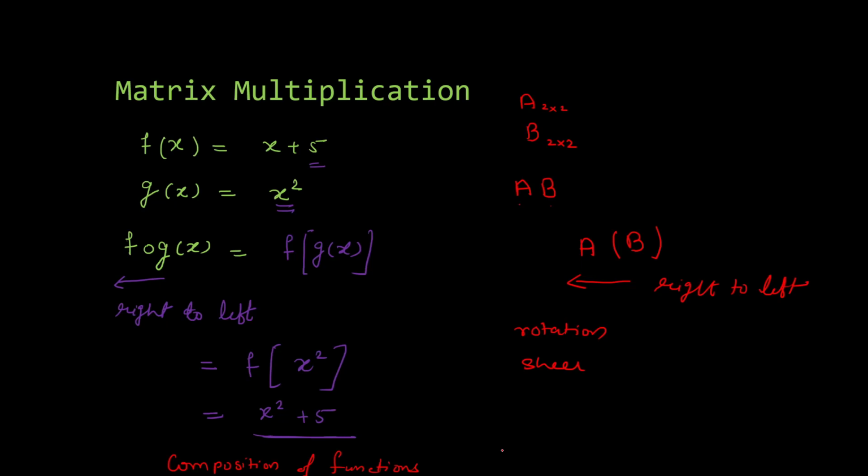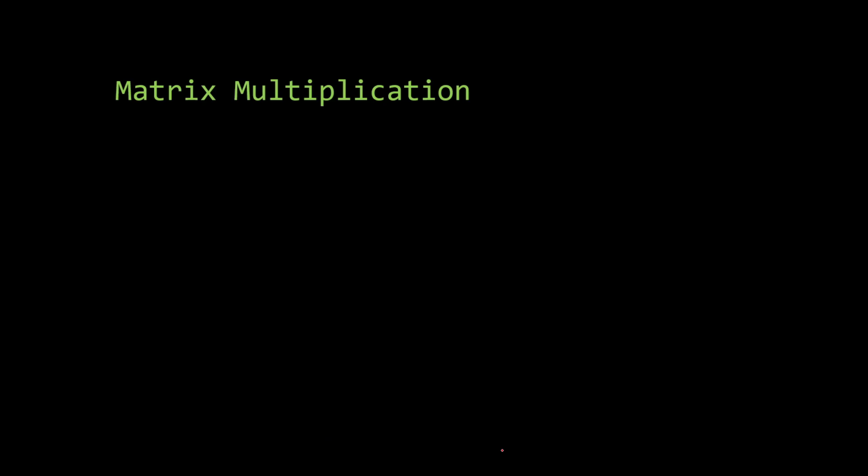If you want to write the generic formula for matrix multiplication, for 2 by 2 matrices it would be simple. For example, A B, C D, and another one is again a 2 by 2 matrix, suppose E F, G H. I am writing A B C D, E F G H so that you find it a little easy to understand. Usually in mathematics we don't write it like this.